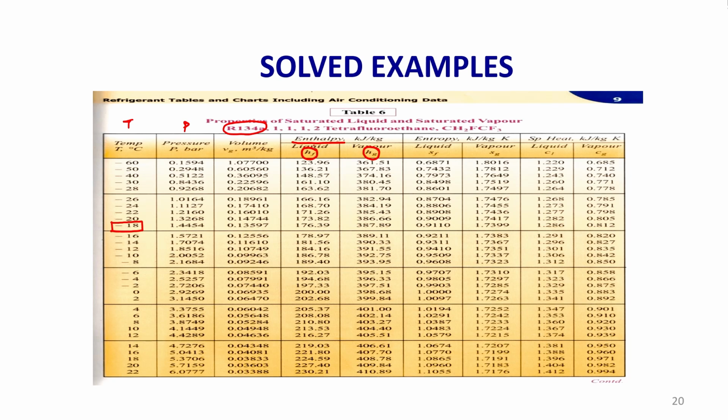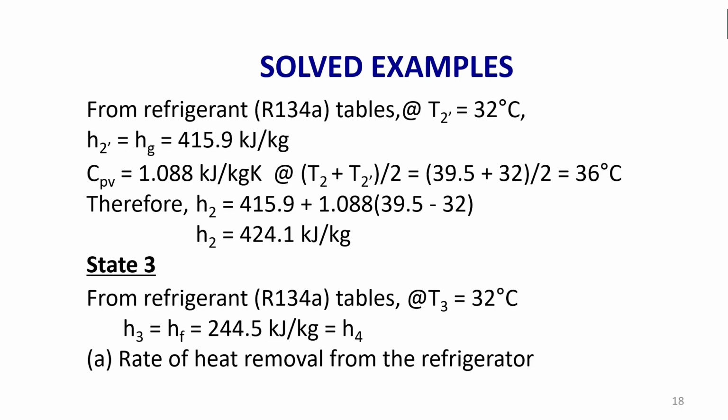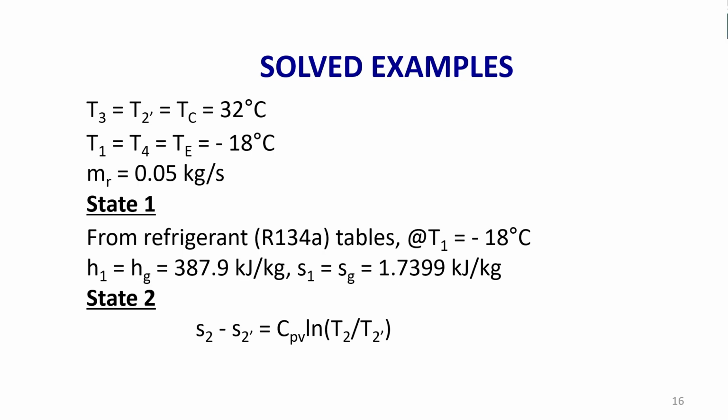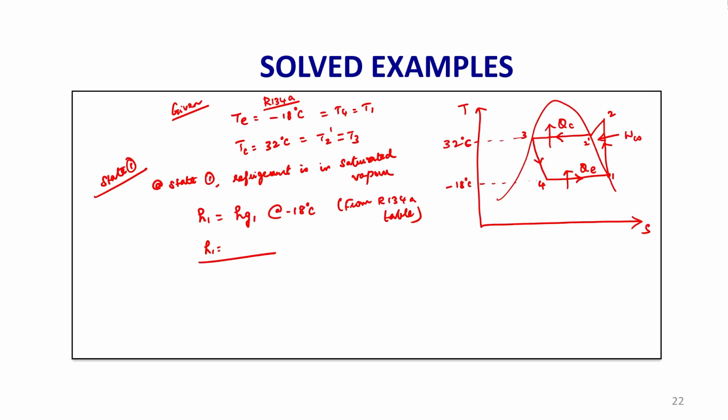Corresponding to minus 18, the value is 387.89, which I have written here, rounded off to 387.9 kilojoule per kg.